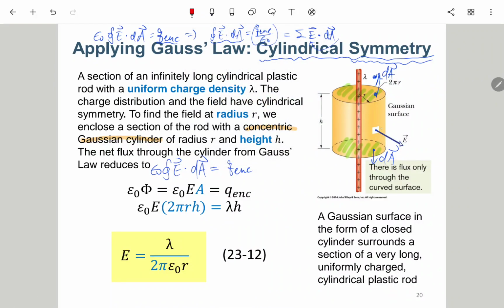And actually, it has the same direction as dA for this point or for other points. It will be all the way E and dA should point in the same direction. Which means that E dot dA is actually E times dA, something like this.